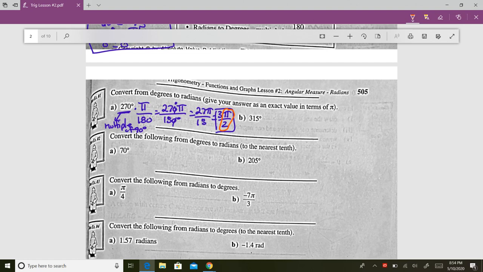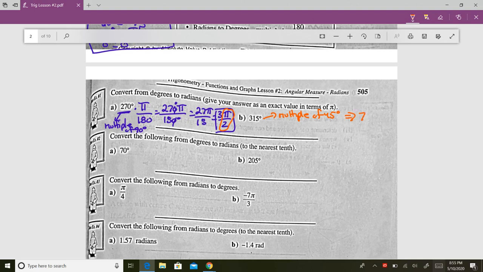If you look at the second one, 315, that is a multiple. I'll show you the quick way first. No, you don't have to write this. You would just do this in your head. It's a multiple of 45 degrees. How many 45-degree angles do you need to get to 315? I know that it is 7, but if you went 315 divided by 45, you would get 7.